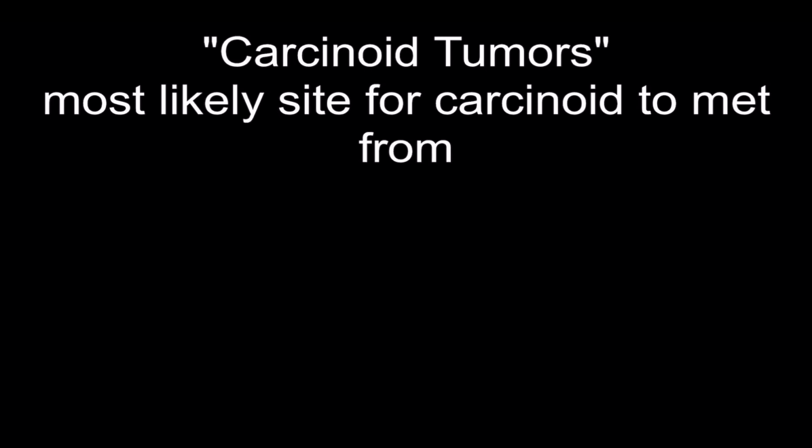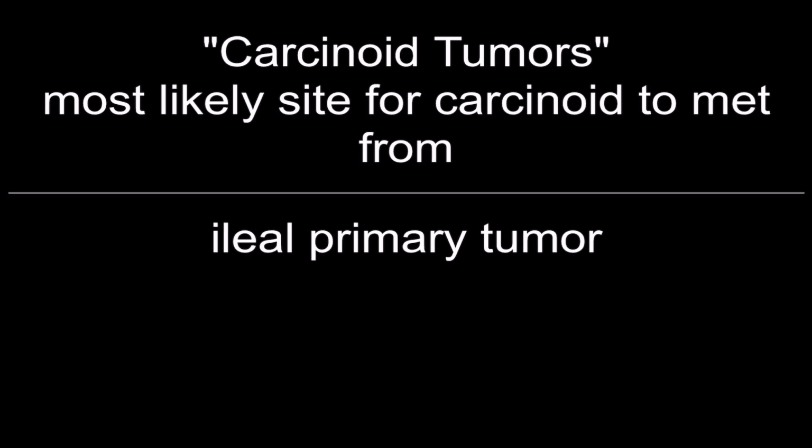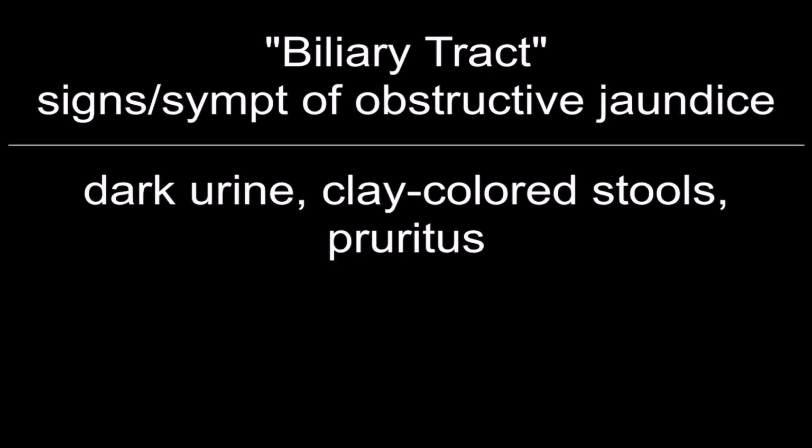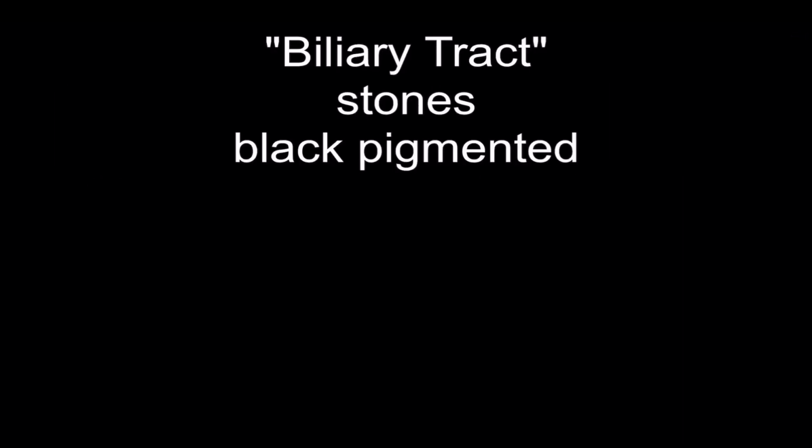Most likely site for carcinoid to metastasize from. Ileal primary tumor. Signs and symptoms of obstructive jaundice. Dark urine, clay-colored stools, pruritus. Black pigmented gallstones. What causes these?